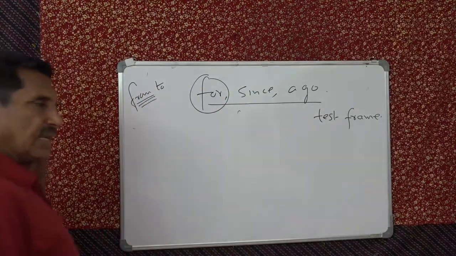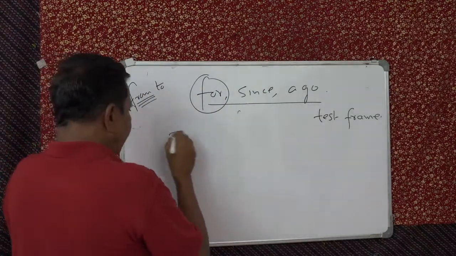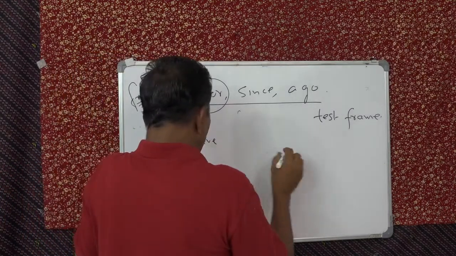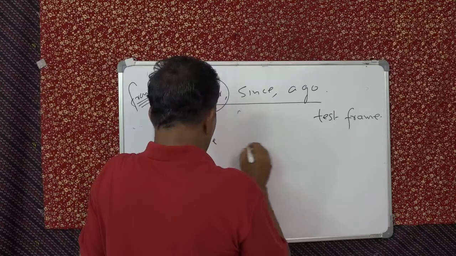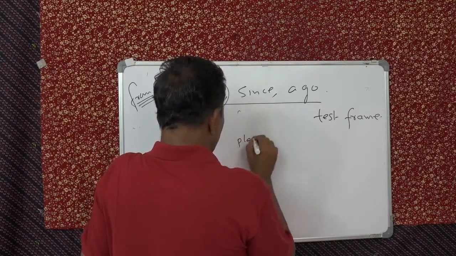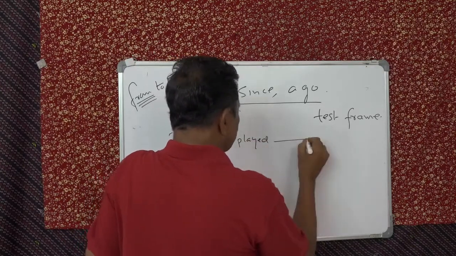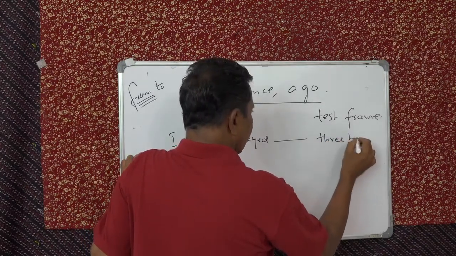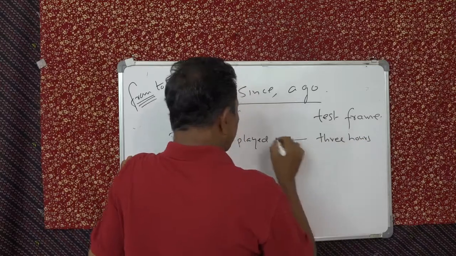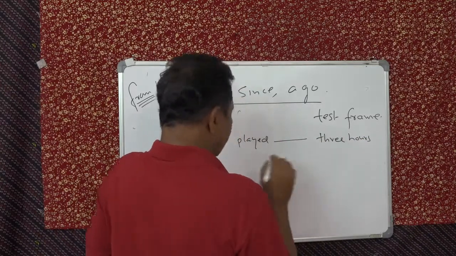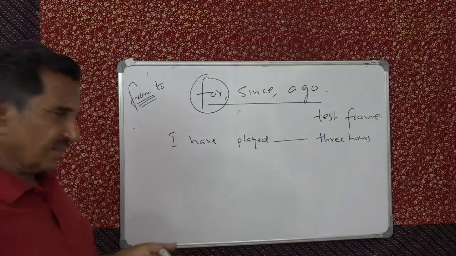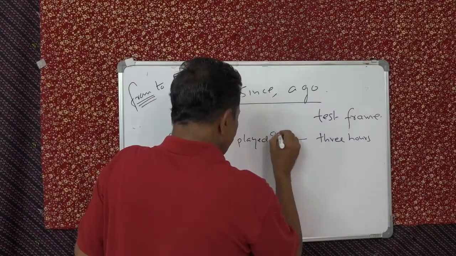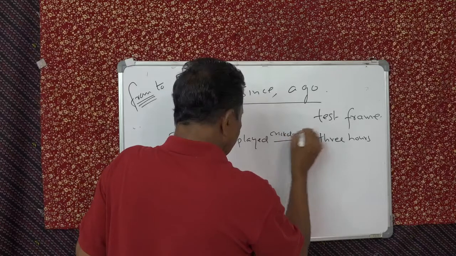Suppose you get a sentence like this. I have played dash 3 hours. I have played cricket, C-R-I-C-K-E-T.